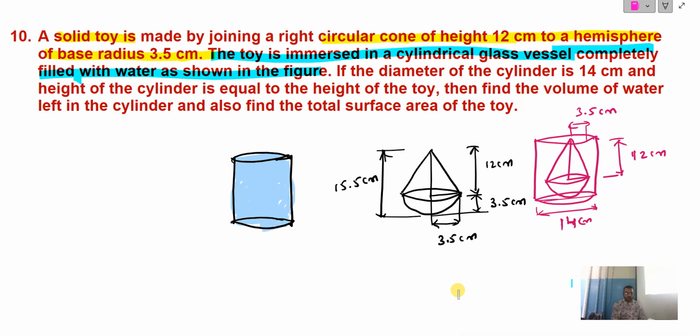It's a basic concept. If you take a cylindrical glass vessel and put the toy, however much space it occupies, that amount of water will come out.